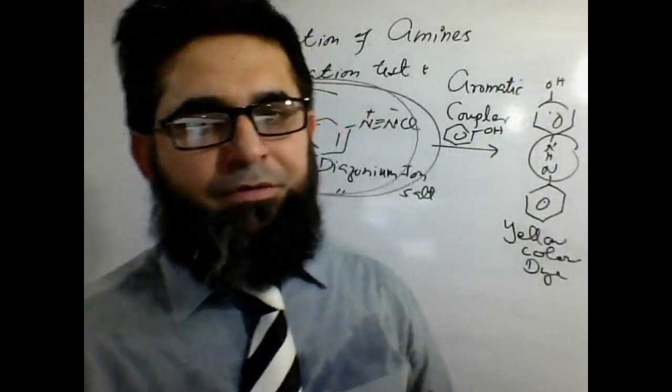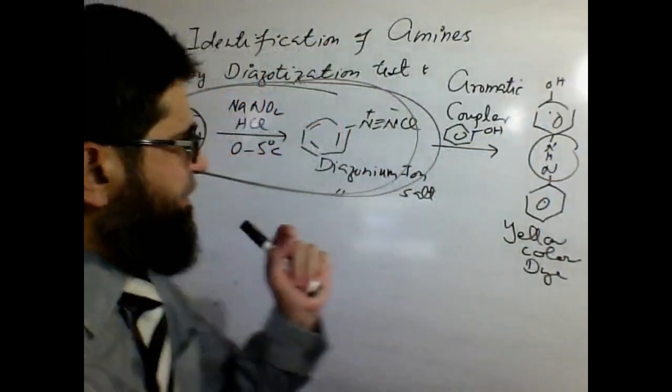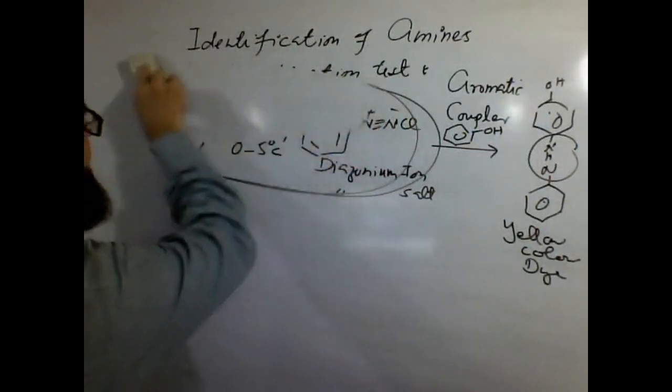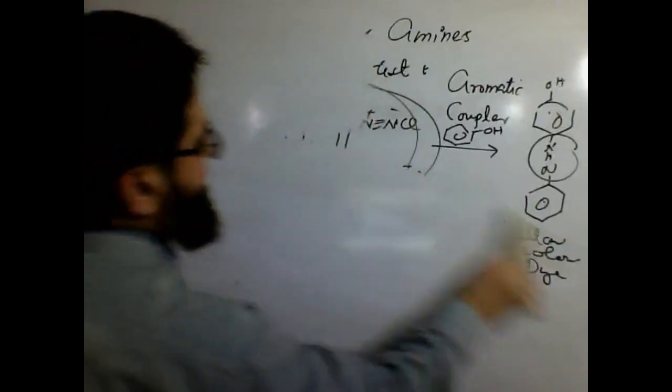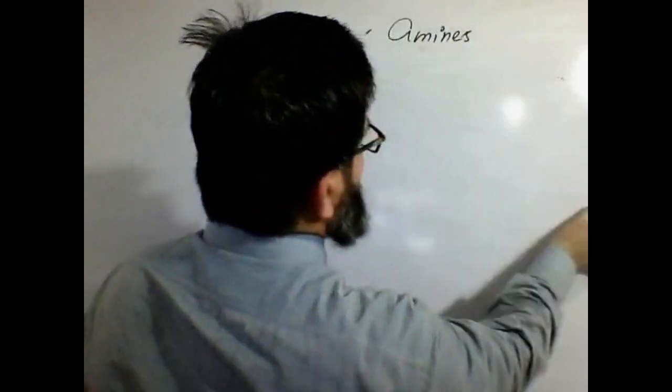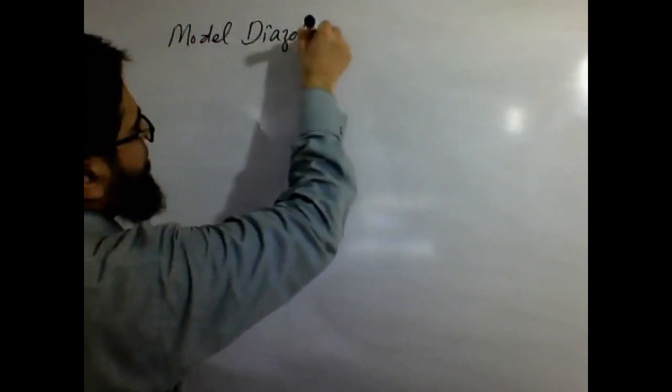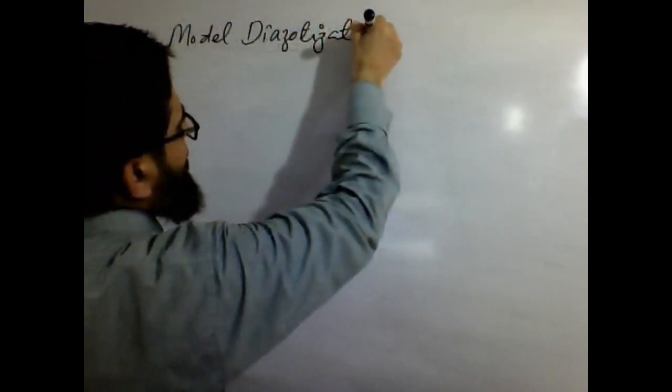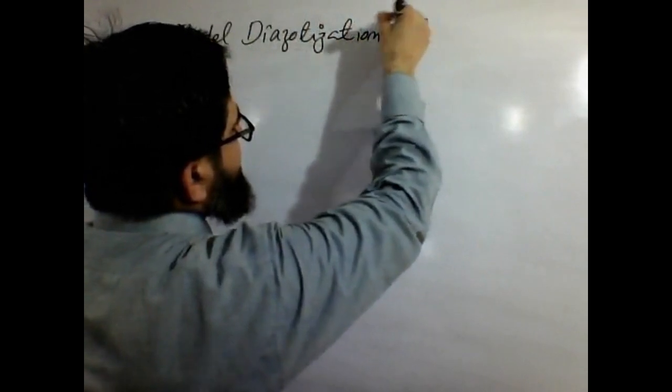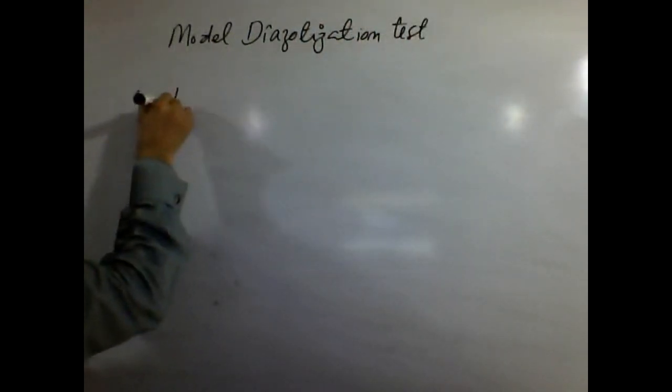So it's just a theoretical aspect. Now I'm giving you an example which we actually ask students to perform in the laboratory to identify amines using a model diazotization test. We ask students to use aniline.